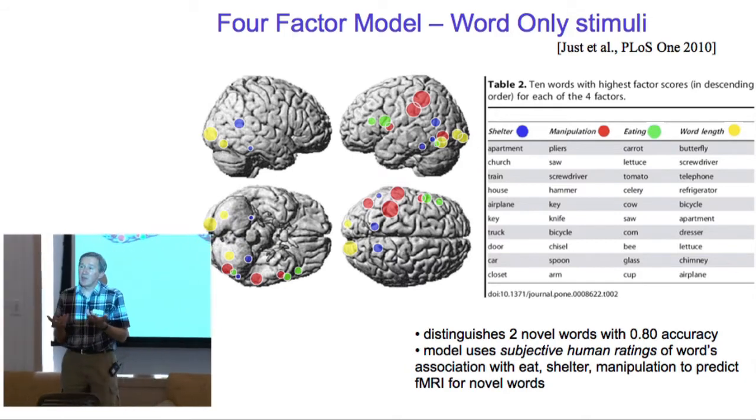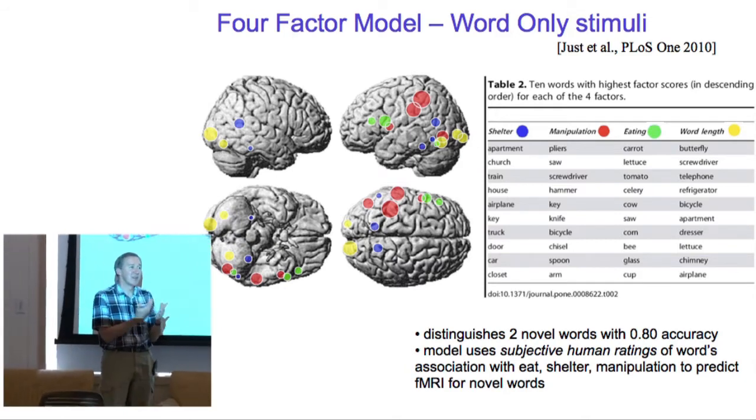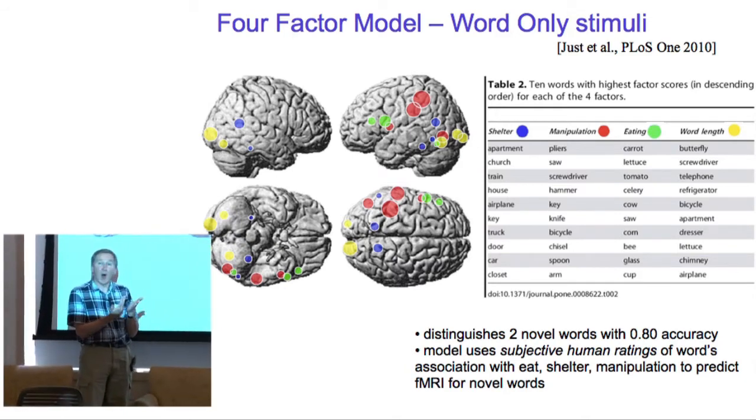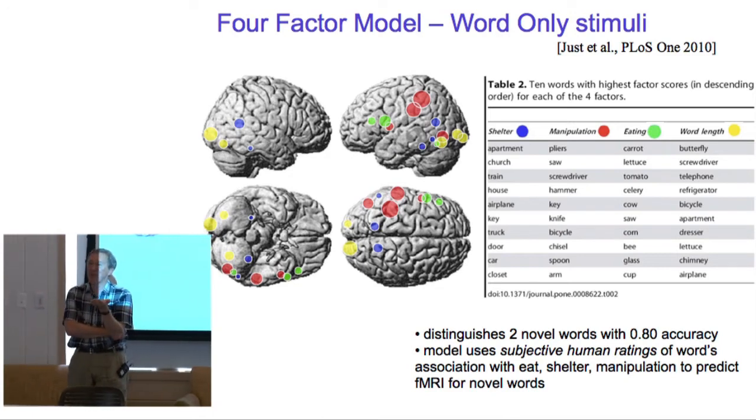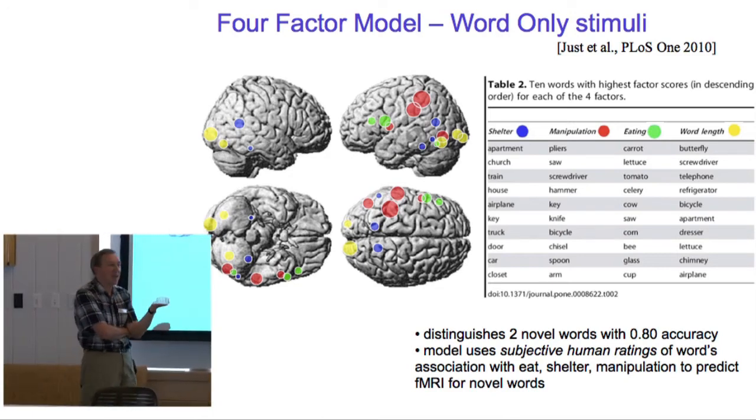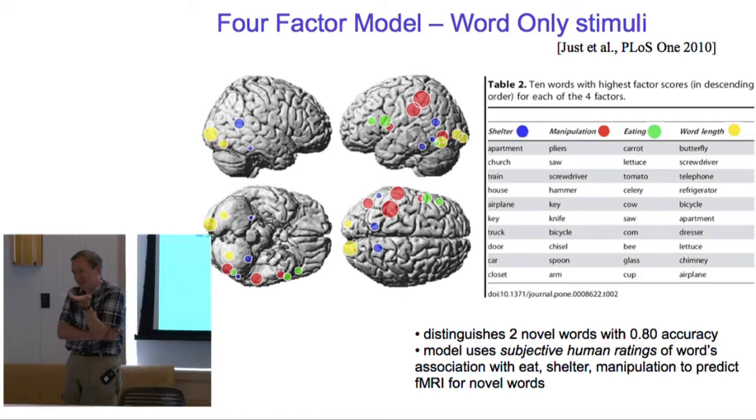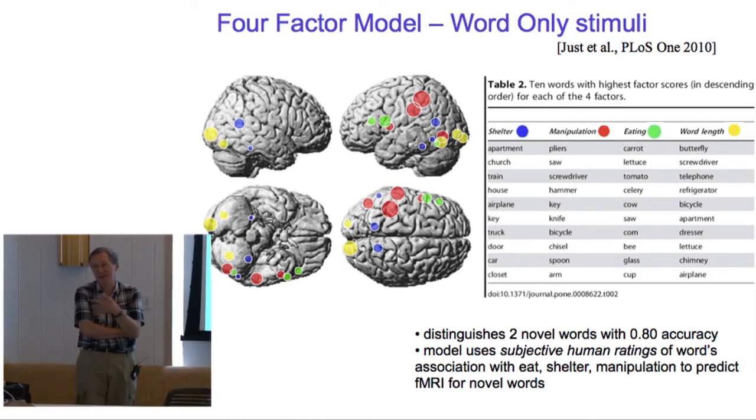And we used those behavioral ratings instead of the regression predictions. Why? So that we could test whether our intuitions about the meanings of these components jive with what people think of when they behaviorally just look at the words and think about, well, is this about eating or not?